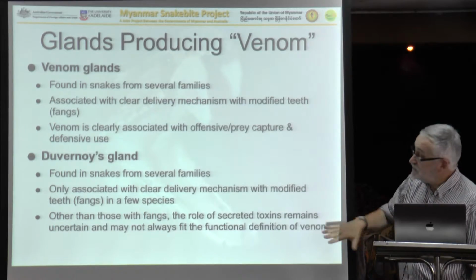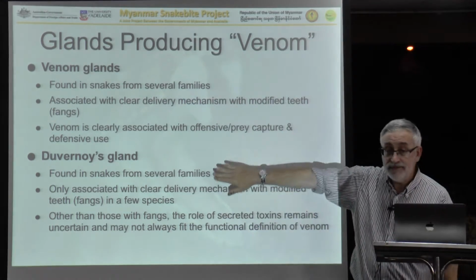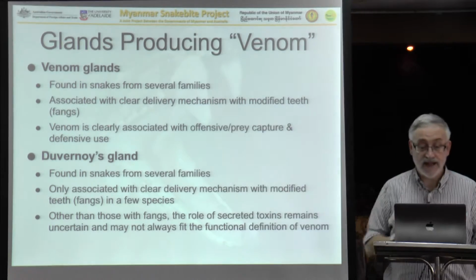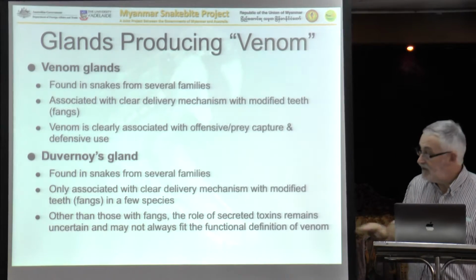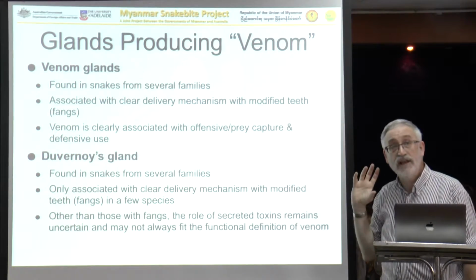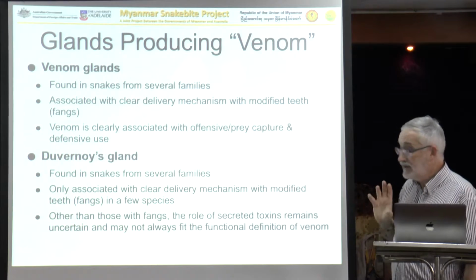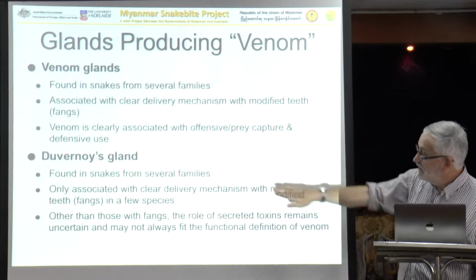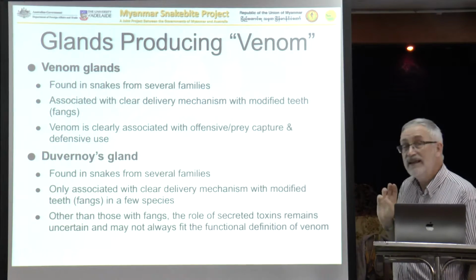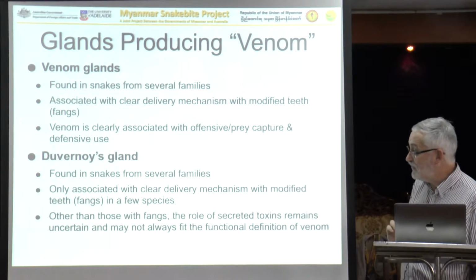But there's another group of snakes that have a different gland, found across a range of different snakes. This is a high pressure gland. It can help push that venom out rapidly through the fang, lots of venom into the victim. This is a low pressure gland. It can't produce as much venom, or get as much venom into the victim.